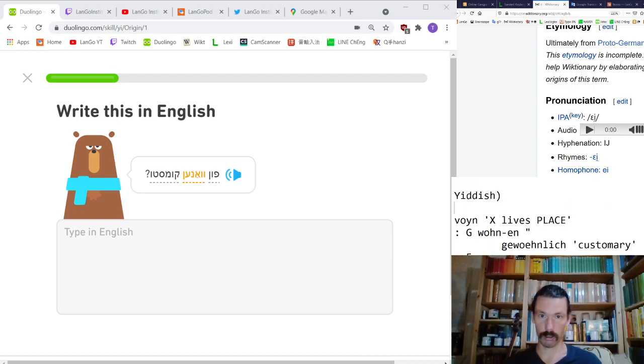Von wannen. So fin, and use the U. From whence is redundant, really. The word whence at one time expressed meaning from in a single word. So where do you come from? Where are you from?